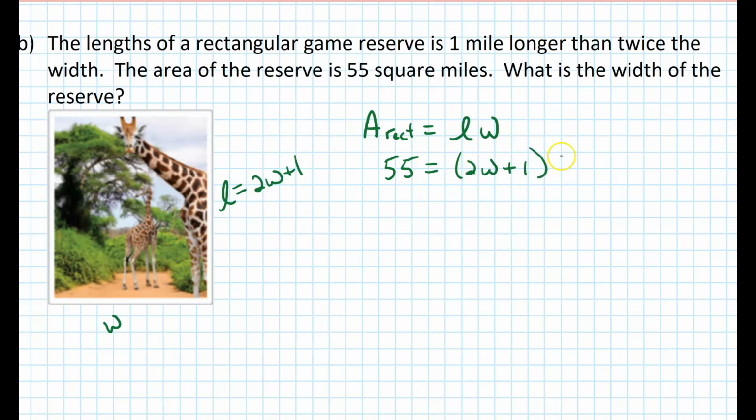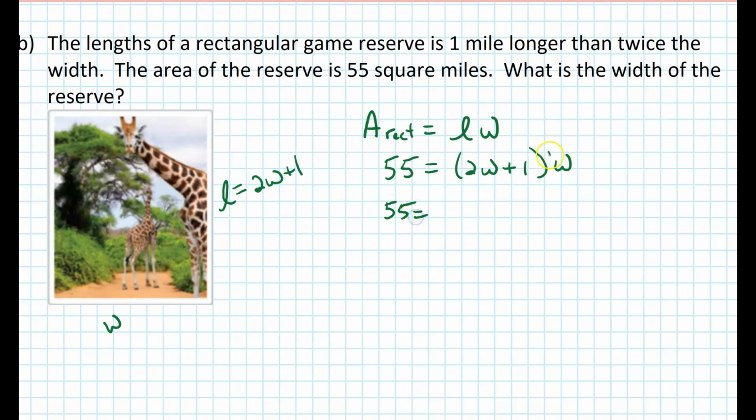And can we leave the w? Yes. Is it now down into one variable? Yes. Okay. Is this still a quadratic? Yes. Same issue as before. We're equal to 55 and we need to be equal to 0. So I have to do just like we did before, distribute my terms.